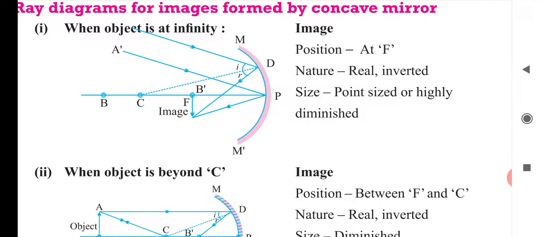You will see a point-sized image. You can see the textbook image; this image is actually a bit wrong. When you place the object at infinity, after reflection the rays will meet at a point called the focus. The image is point-sized, and highly diminished in the sense that it is too small. So the nature is real and inverted.